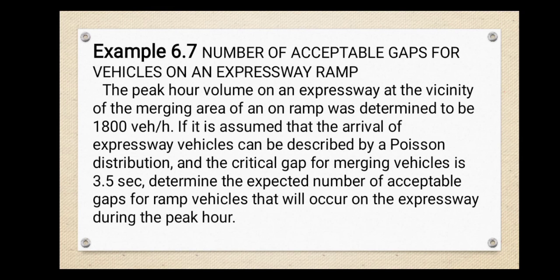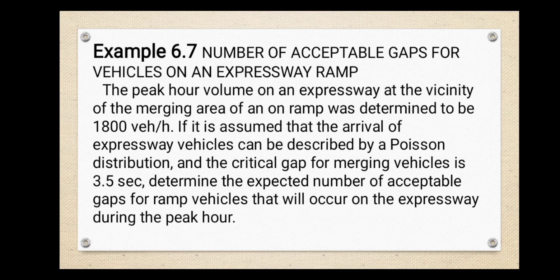So we have here example 6.7, number of acceptable gaps for vehicles on an expressway ramp. The peak hour volume of an expressway in the vicinity of the merging area of an on-ramp was determined to be 1,800 vehicles per hour.